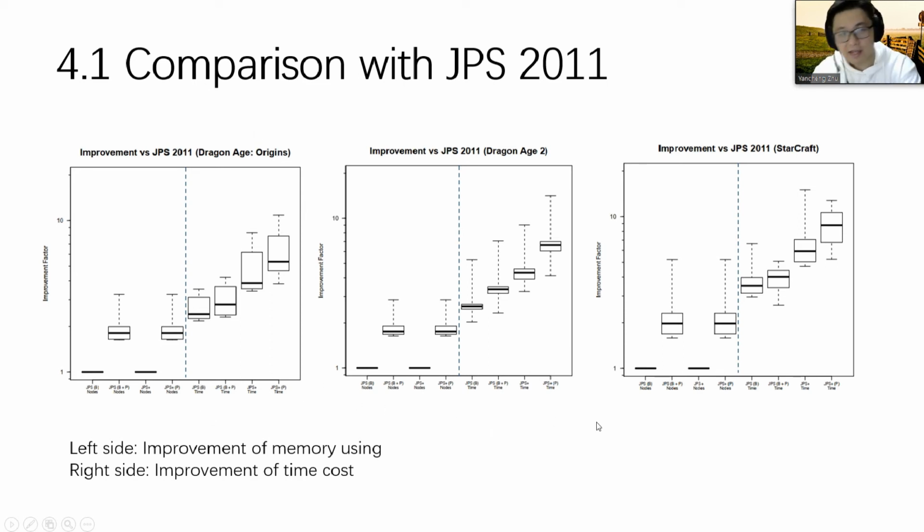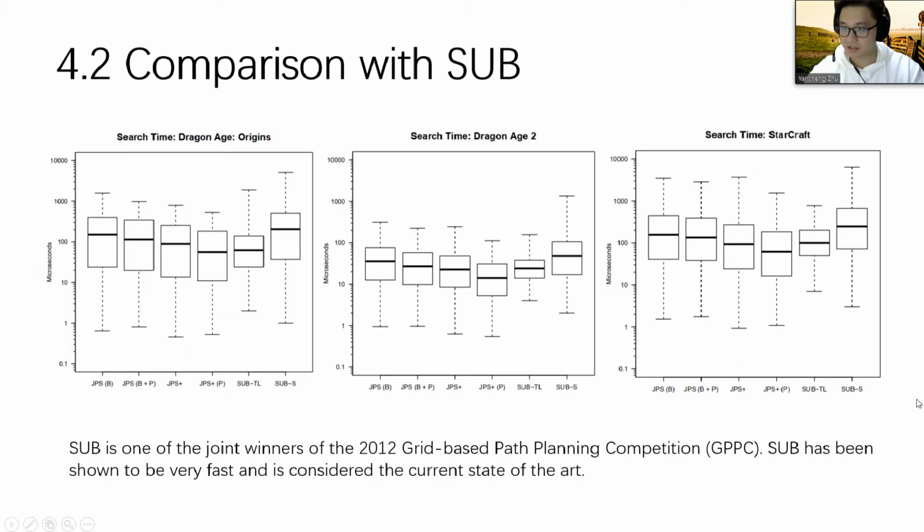We can see that the improvement did a really good job, especially the preprocessing and the improved pruning rules. And the next part is the comparison with the sub-goal algorithm. This is also a very famous algorithm, and we can see that the JPS also did a good job, and it is also very competitive.